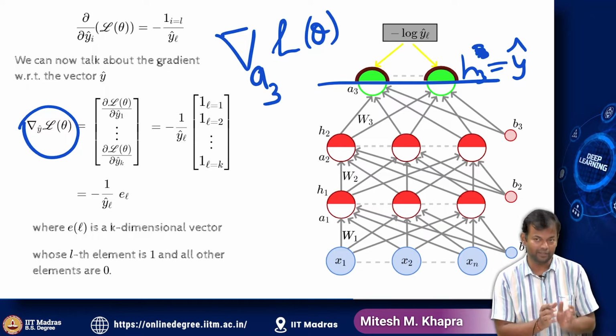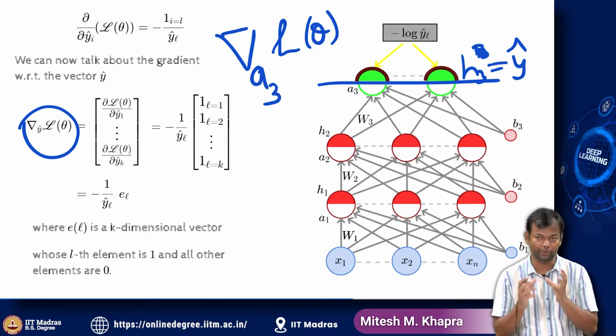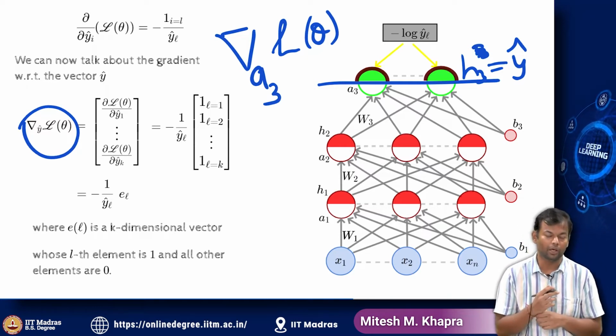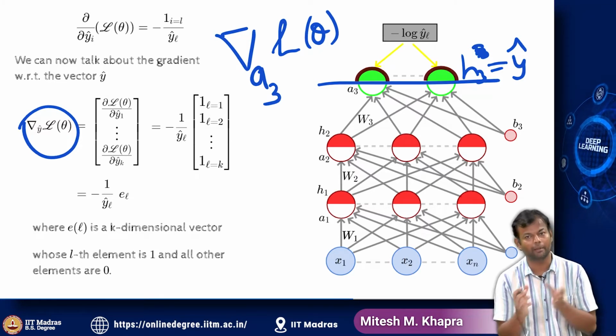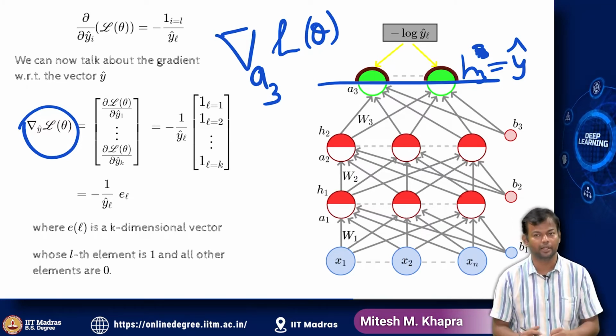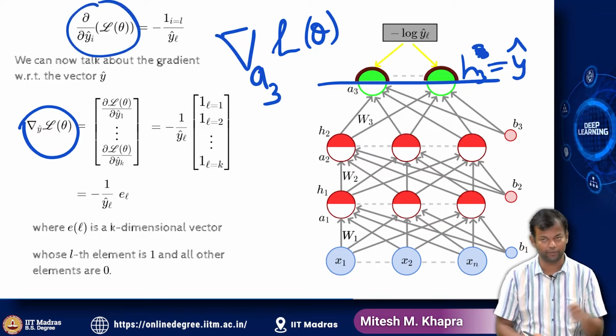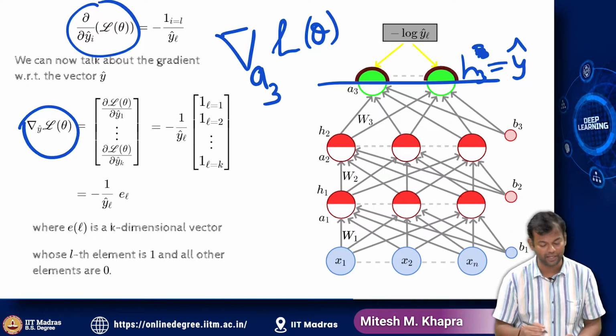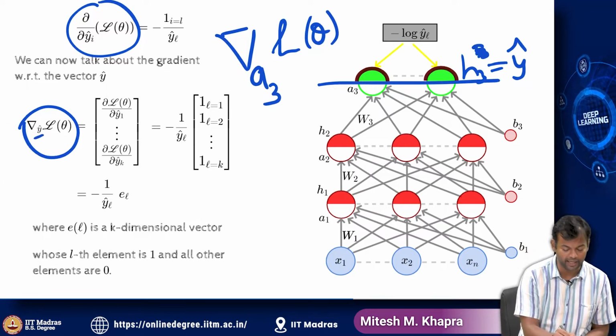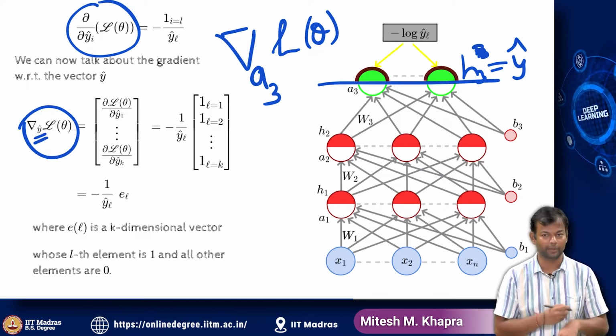But the reason I did this part was to explain, with the help of a smaller example, how this entire discussion is going to go. What did we do? We first computed the partial derivative with respect to one of the elements. We were actually interested in the gradient with respect to the entire vector, but we didn't go there directly.